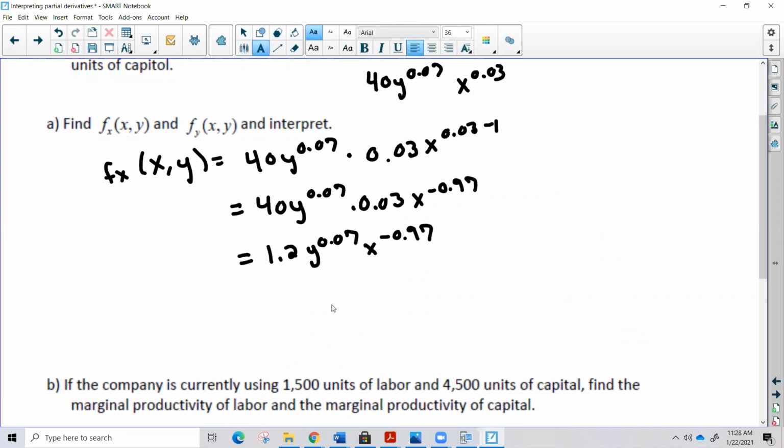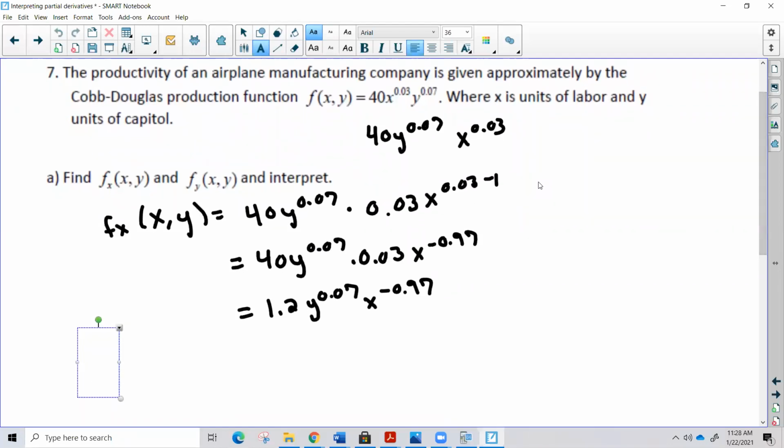All right, and then for the interpretation, do they tell me what x and y represent? Yeah, so x is the units of labor and y is the units of capital.